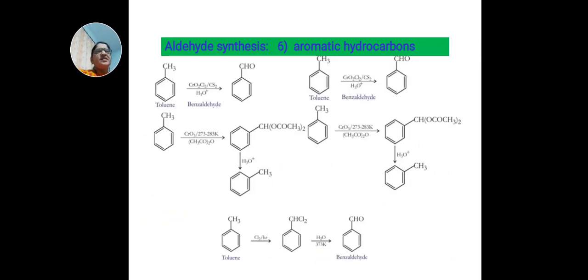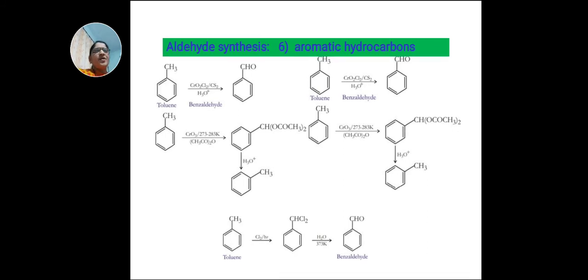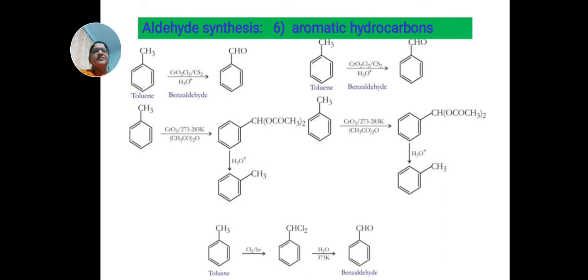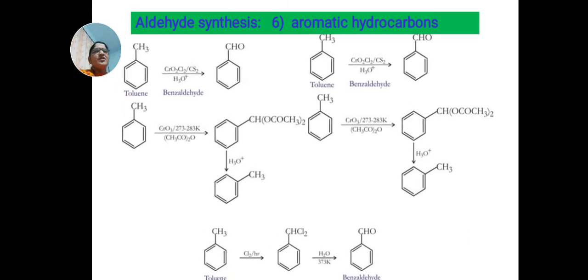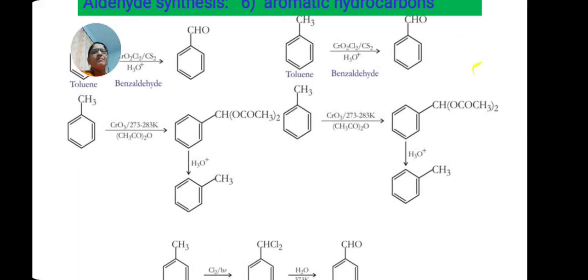Then the next method is from aromatic hydrocarbons. The first one is from toluene. Toluene has the formula where a CH3 group is attached to a benzene nucleus. Then it gives benzaldehyde in presence of chromium chloride.